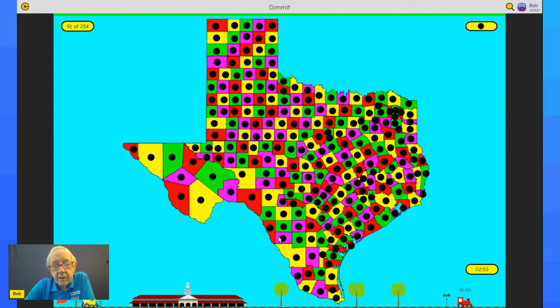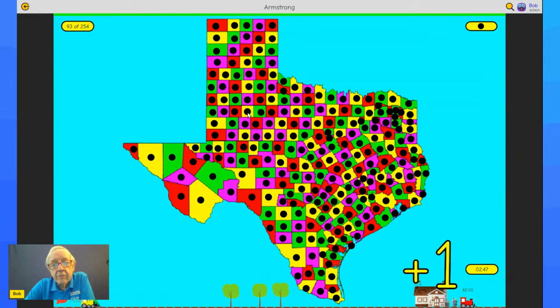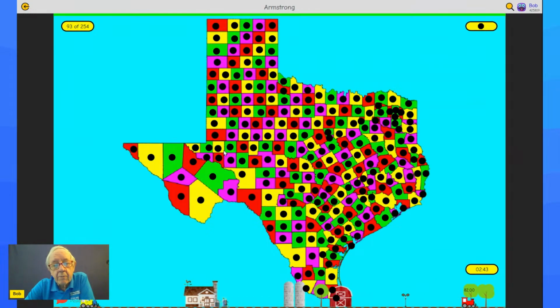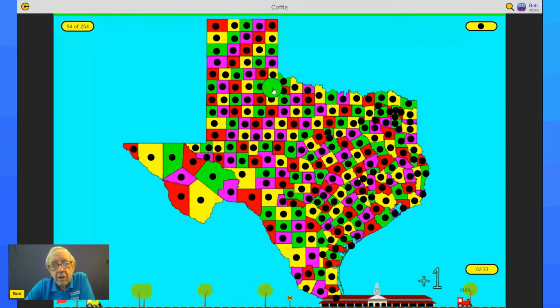Dimmitt. Garza. Gaines, Galveston, Garza. Gillespie, Glasscock, Goliad, Gonzales, Gray, Grayson, Gregg, Grimes, Guadalupe, Armstrong. Armstrong. The yellow one here, Cottle. I think this is Cottle.